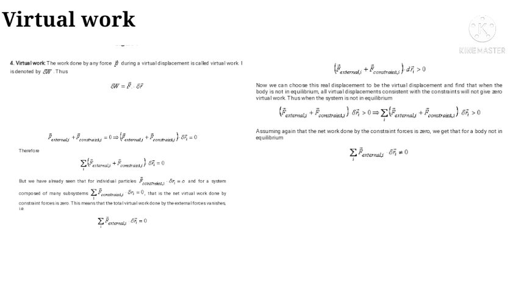Assuming again that the net work done by the constraint force is 0, we get that for a body not in equilibrium, the summation over i of F external dot delta r i is not equal to 0. This implies that if the virtual work done by the external forces vanishes, the system must be in equilibrium.